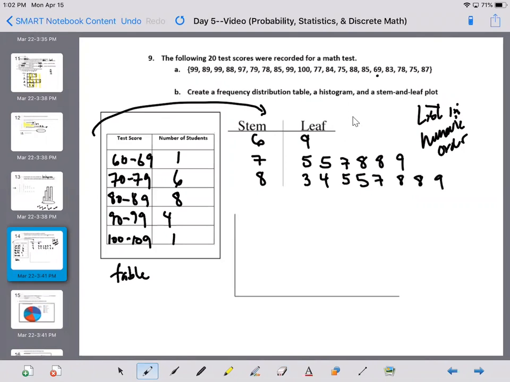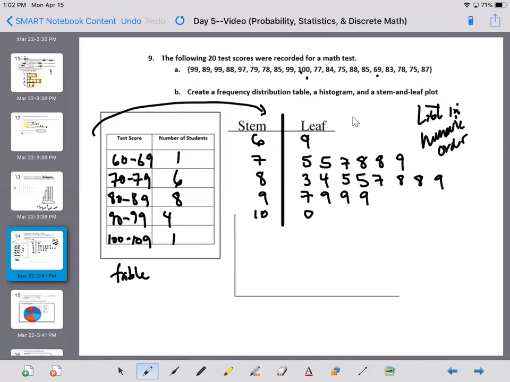In the 90s, we've got 97, 99, 99, 99. And then notice I'm going to put a 10 there to represent the stem, since there's 10 tens and 100. And we would put a 0 there because it would represent the 100.